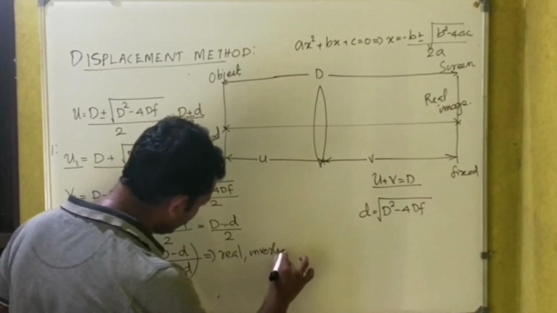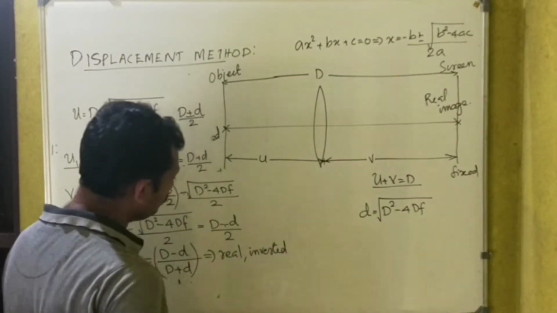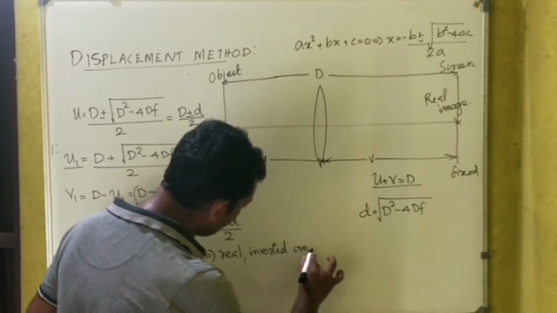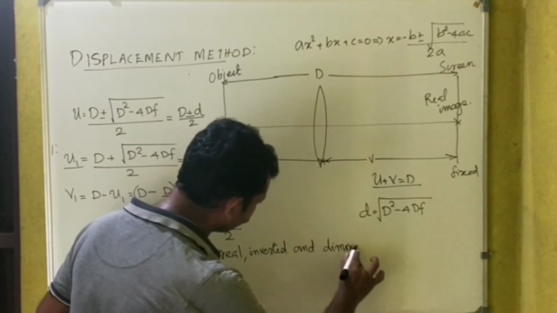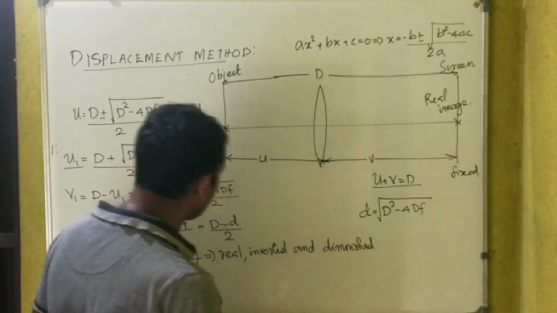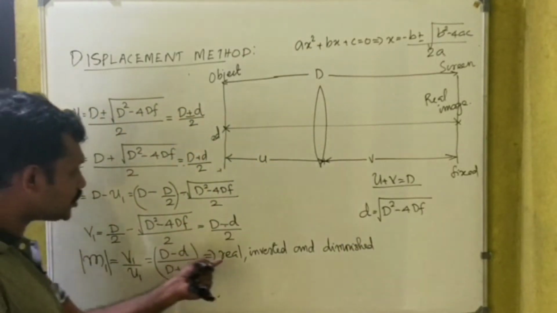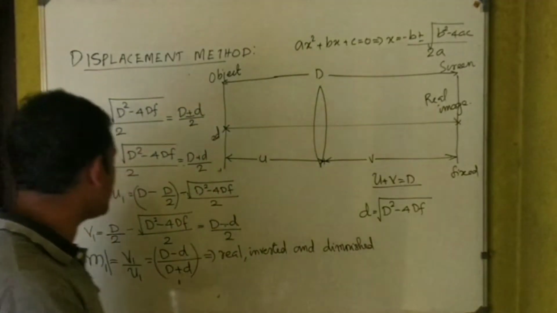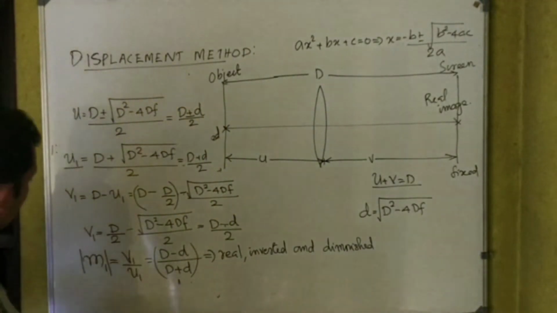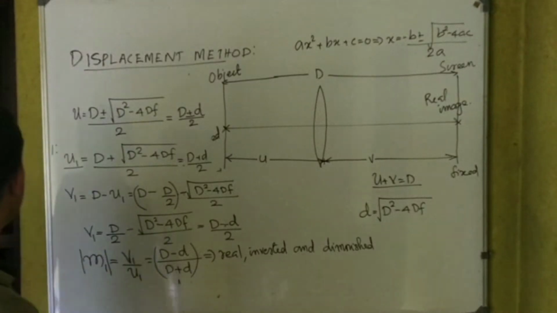Real images are generally inverted for a real object. This is going to be a diminished image, right? So this is going to be the image that you are going to get here for this condition.